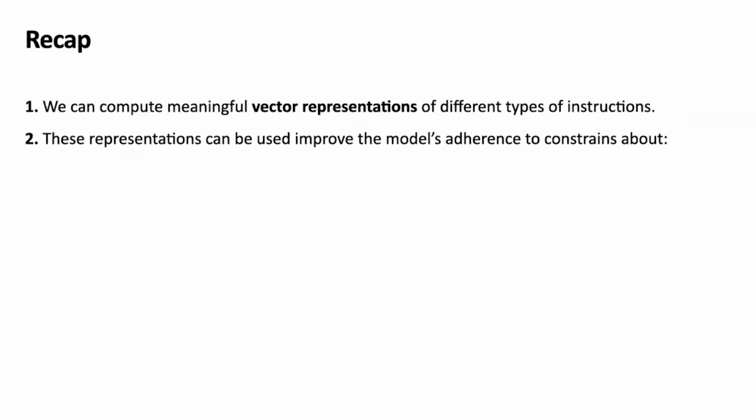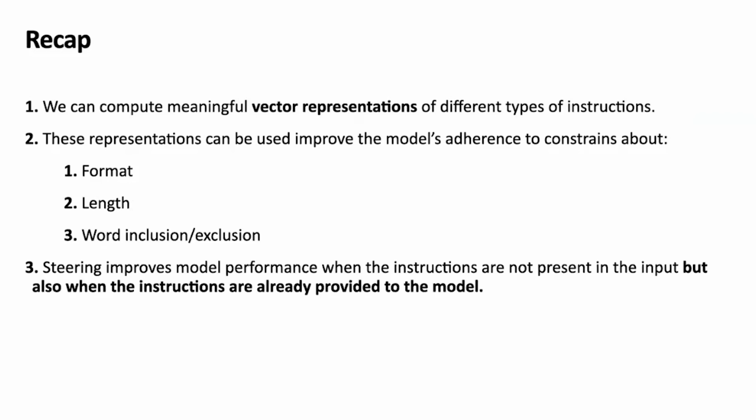This representation can be used at inference time to control the model's generation and improve its adherence to different types of constraints: constraints about the format of the output, its length, and the inclusion or exclusion of specific words.